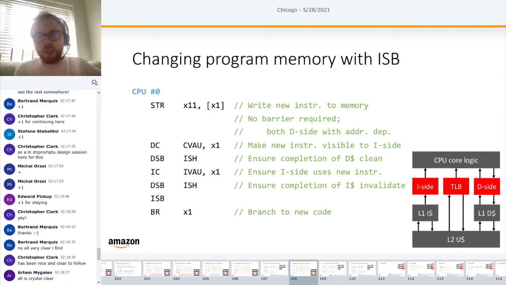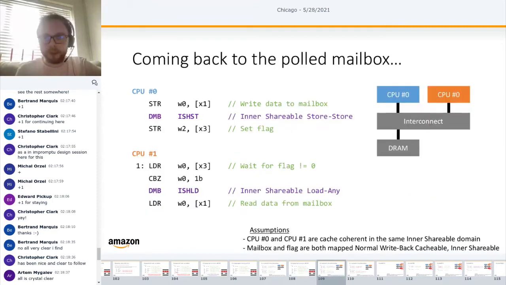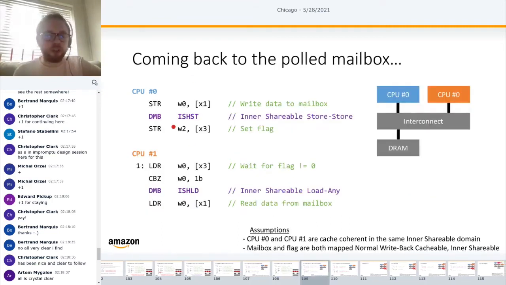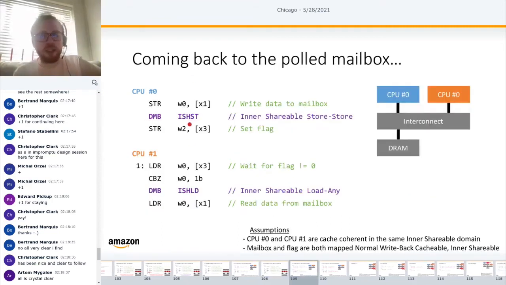So we've now seen why we need the barriers that we do on here. There are almost more barriers on here than actual instructions, which is quite funny. Coming back to an example we saw earlier, our polled mailbox, where we said I need a DMB ISH-ST and a DMB ISH-LD as my minimally intrusive barriers.